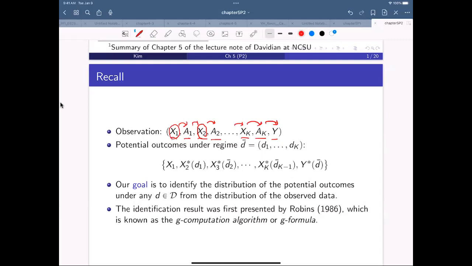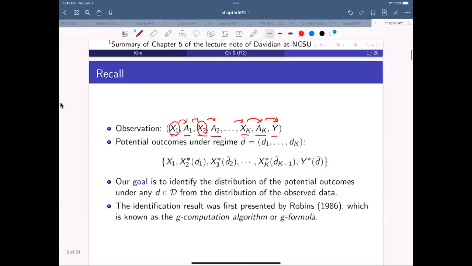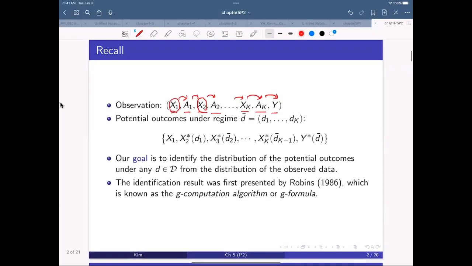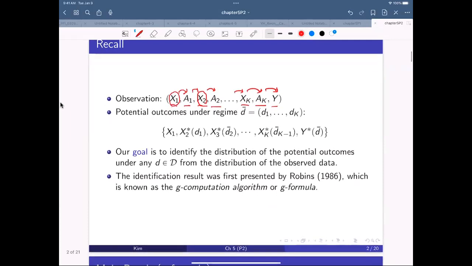And then there's a realization, and then the potential outcome using this star notation. So basically, this is what I would get, what we would get under this choice, right?